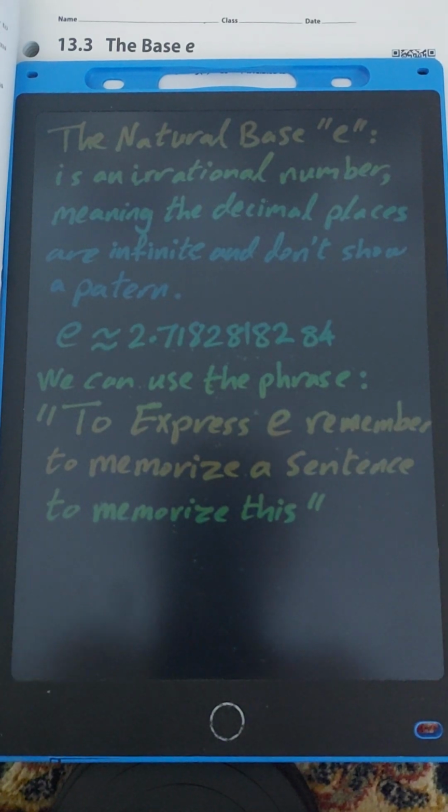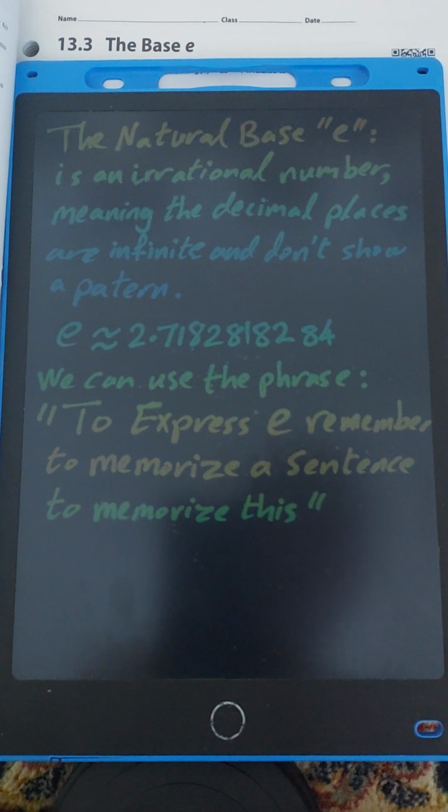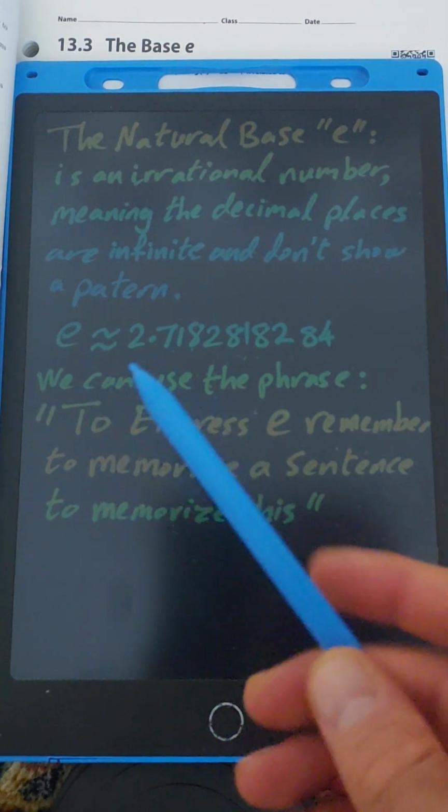To memorize the value of e, we can use a phrase where each word represents a digit by its number of letters.